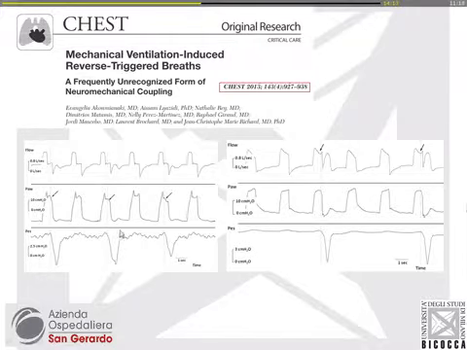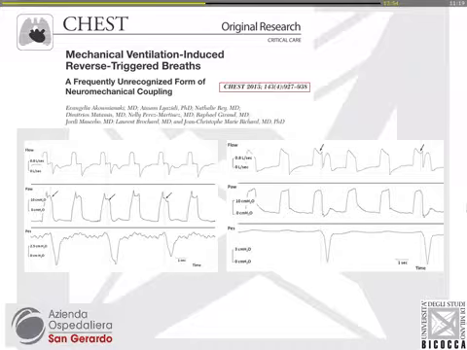So in this case, it's not the patient triggering the ventilator, it's the other way around. The ventilator, somehow moving the lungs and the chest of the patient, is able to induce a diaphragm contraction. It's as if the diaphragm feels pushed and wants to move away.